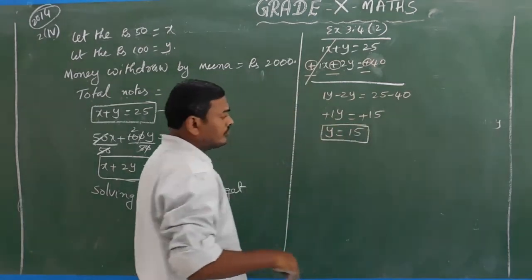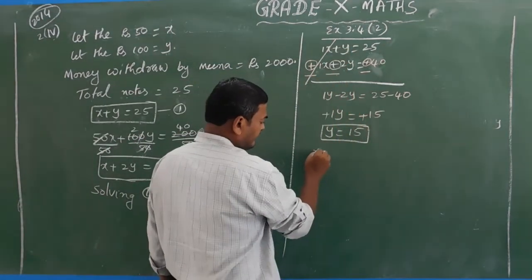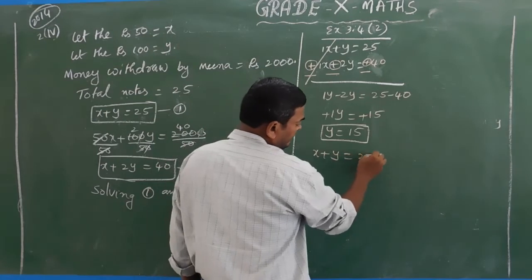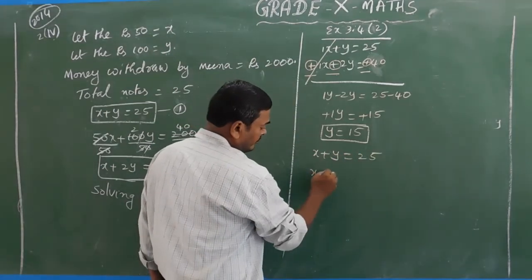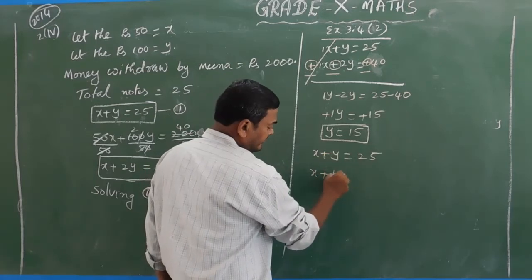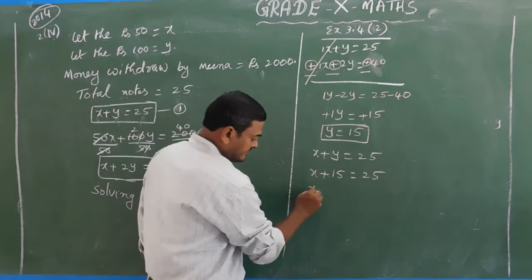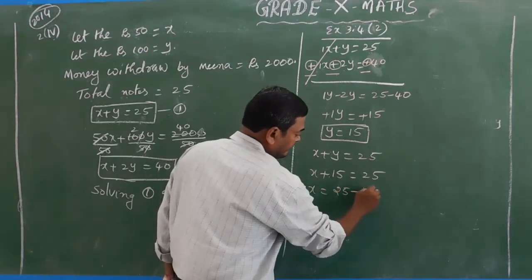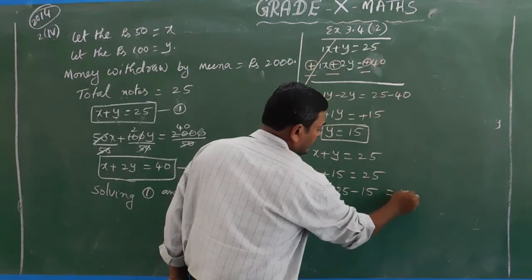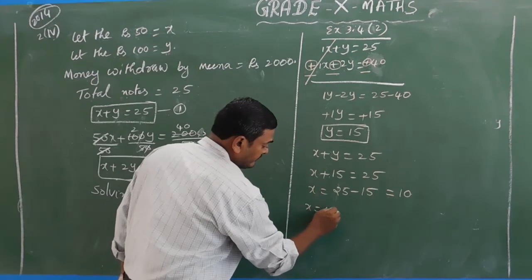This y value can be substituted into any one equation. x plus y equals 25. The x value we don't know, plus the y value 15 equals 25. Now x equals 25 minus 15, that is 10. x equals 10.